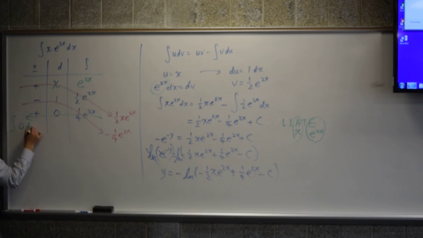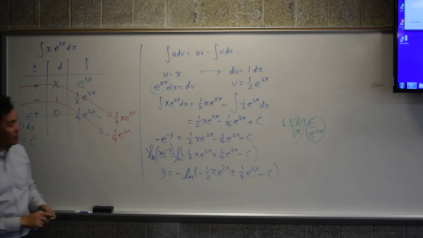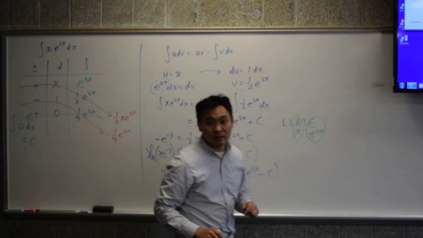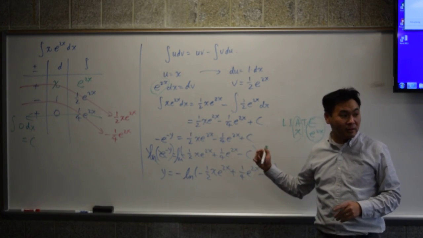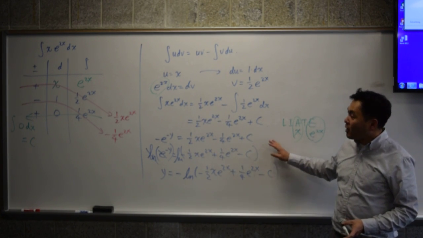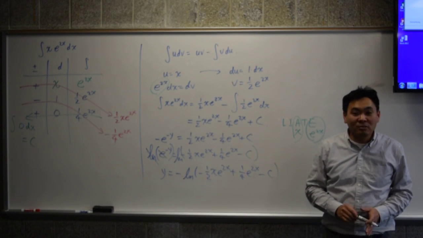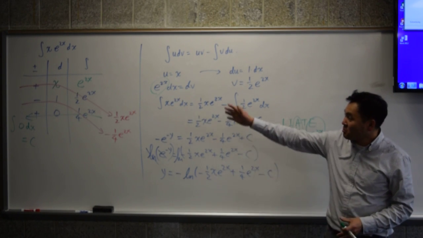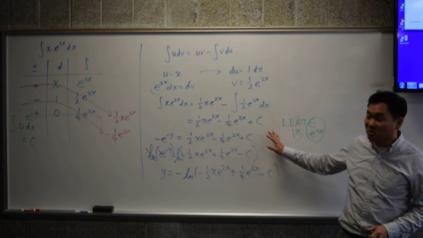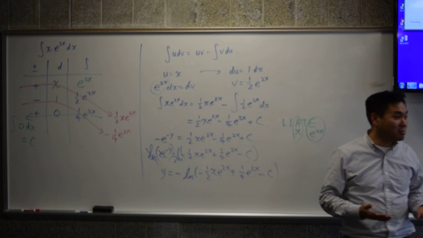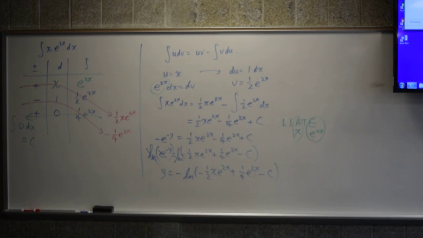And if you integrate 0, you get C. That's where you get the C. You add up everything, and you get exactly the same result, right? Right now it may not seem that convincing because it still seems pretty complicated, but once you deal with questions where you need many integrations by parts, you will see that the tabular method is much stronger.